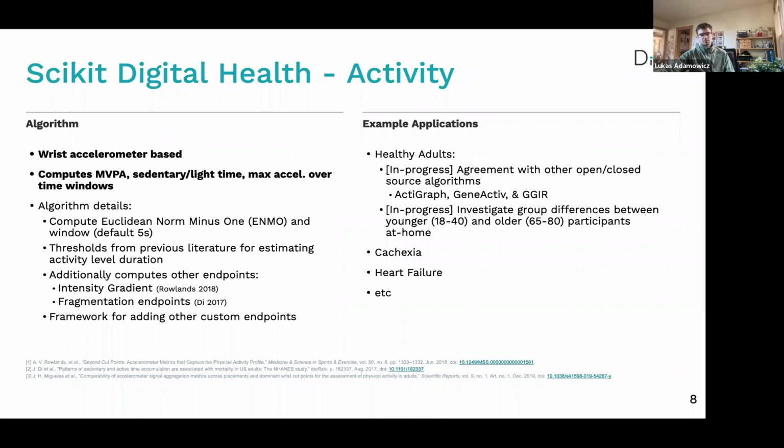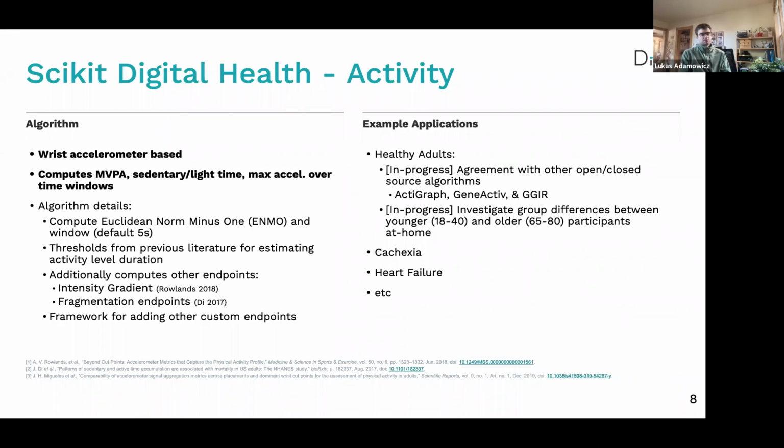Similar to GGIR and several other approaches, it's based upon Euclidean norm minus one, and then windowing that across, in this case a 5-second window is the default. And then all of our thresholds are pulled from previous literature, of which there are many.